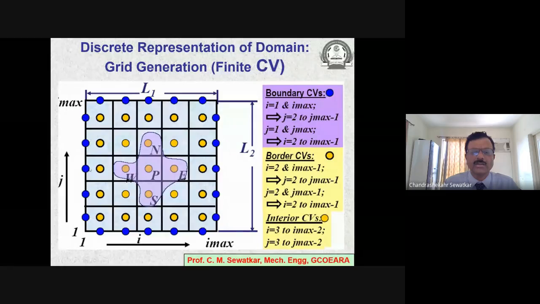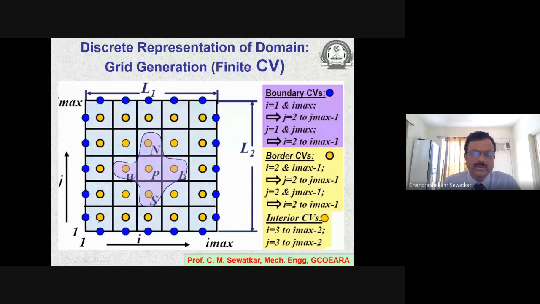We also assume that there are some cell centers on the boundary itself, and these boundary cell centers are represented by yellow circles here. And we assume that these cells, which are formed around blue cell centers, have zero volume as such. So this is just an assumption. So these are the cell centers around which there are cells but with a zero cell volume.